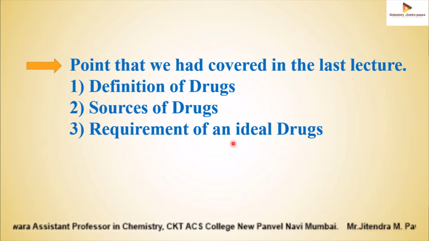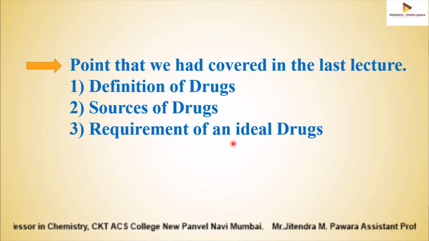The next point, it should not injure the host tissue or physiological processes. Then the last requirement is that the cell should not acquire tolerance or resistance to the drug after prolonged use. So these are the points that we had covered in the last lecture.